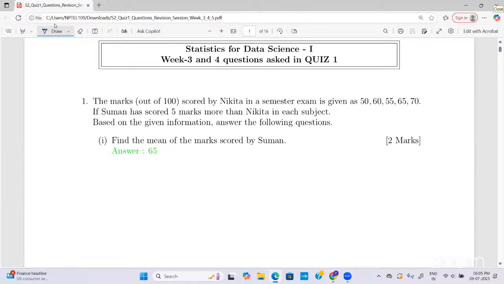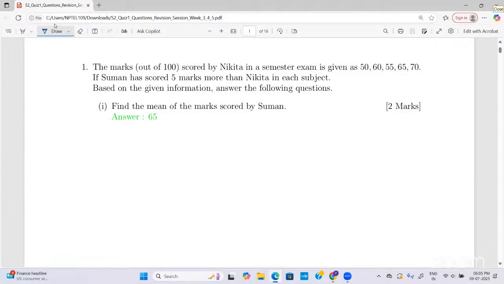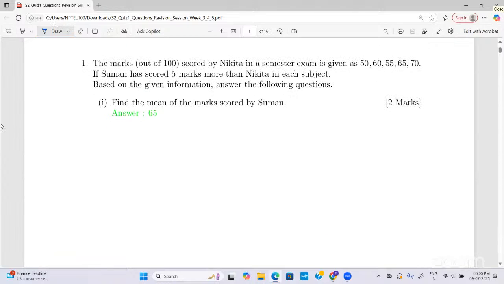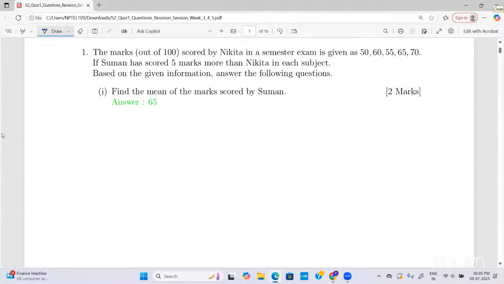And we know that whenever we add a data point to our data set, the mean changes. Suppose you have a data set with data points x1, x2 up to xn. Suppose the mean, the average for this data set, is x bar.